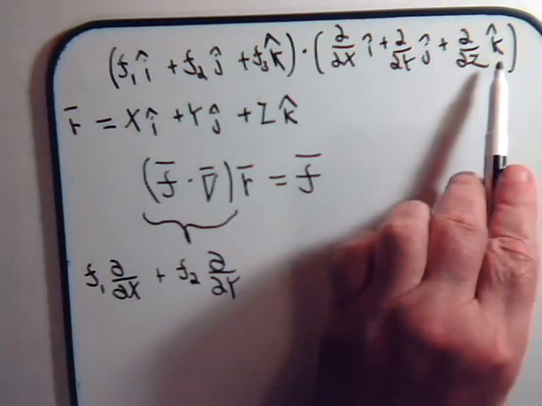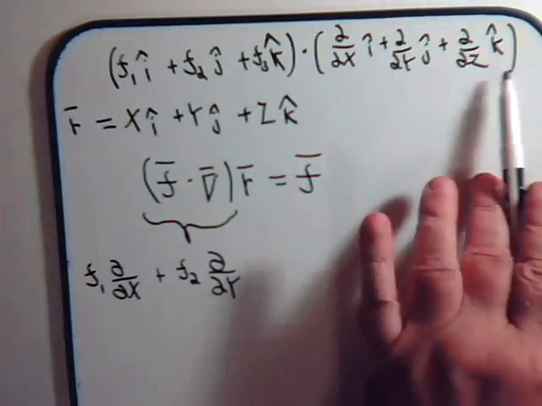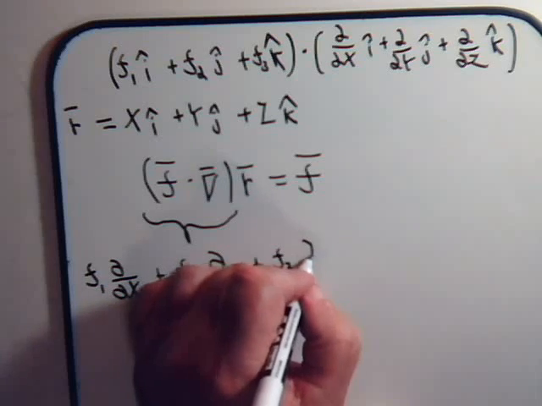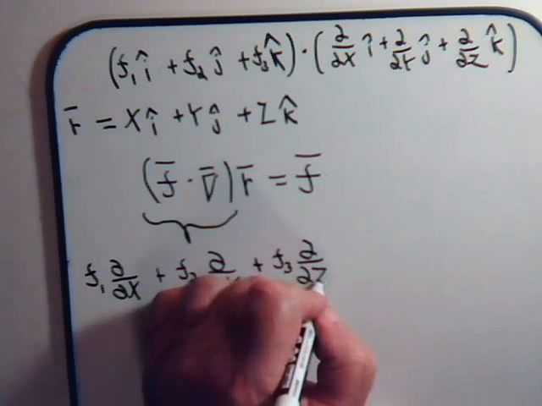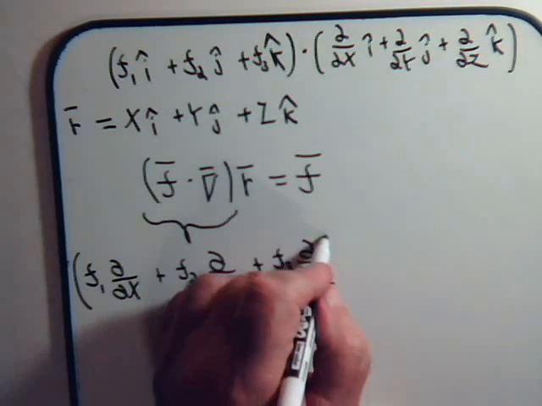And we take the k unit vectors and take those dot products. That's 0, that's 0, that's 1, and we're going to have plus F sub 3 times the partial with respect to z. So that's what this expression is.